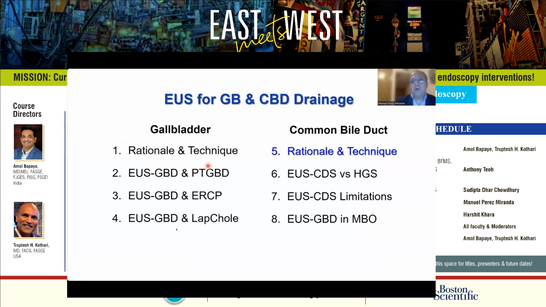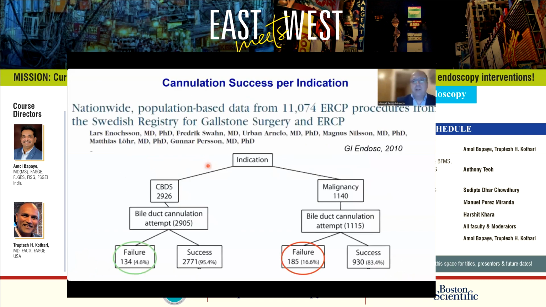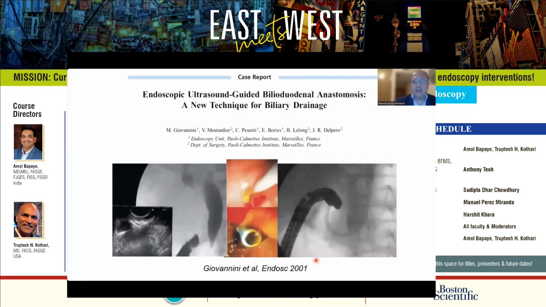So let's move on now to biliary drainage. The rationale for EUS-guided biliary drainage is, of course, ERCP is not perfect, and even less so in malignant biliary obstruction, with a failure rate as high as 17% in registry data.